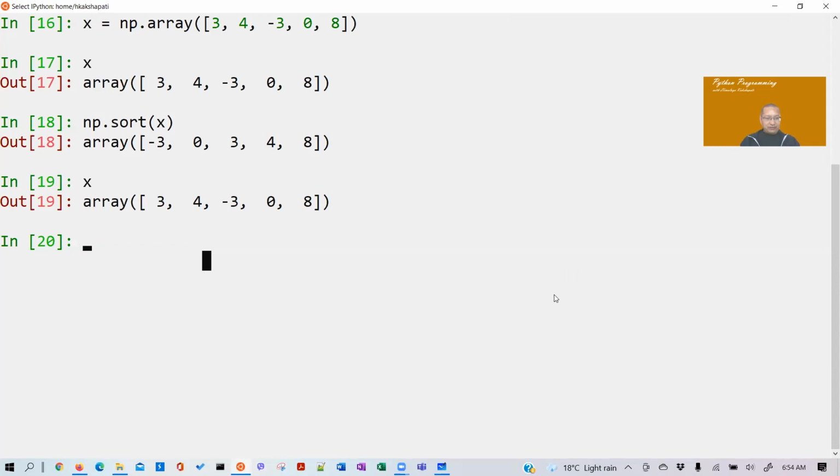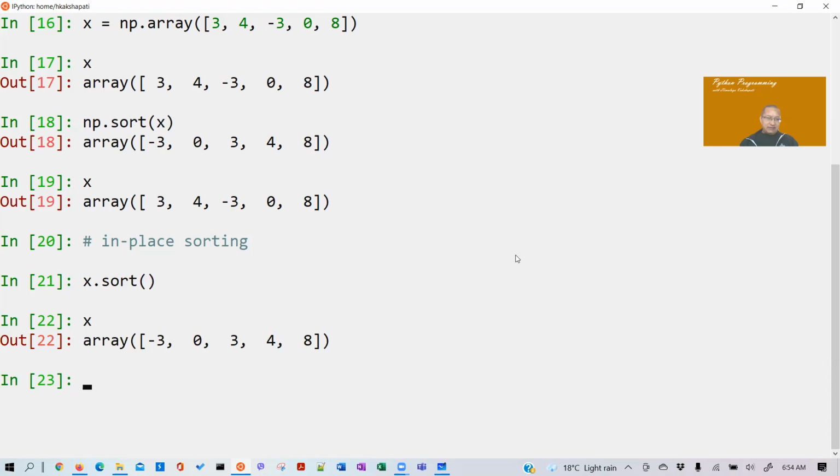If you want in-place sorting, then you can call the method on the array. When you say x.sort, see, x is changed. It does in-place sorting.